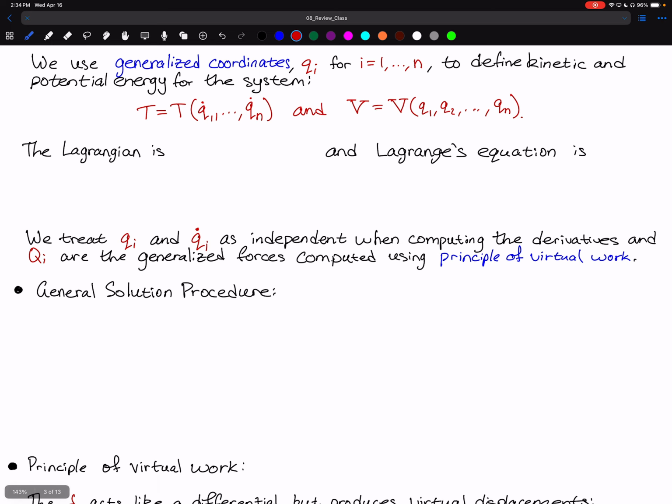From here, we're going to define our Lagrangian, which we'll use L, and L is equal to the difference between the kinetic energy and the potential energy, or T minus V.